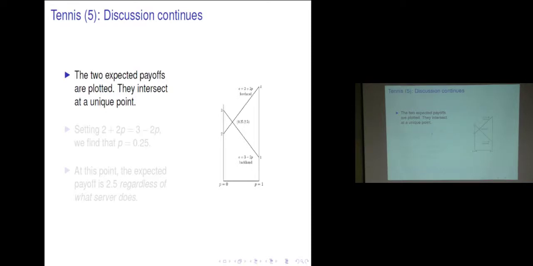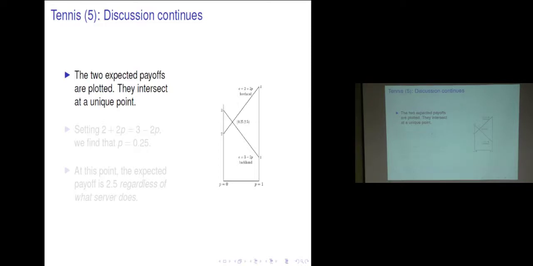This axis, from 0 to 1, indicates the probability, because the receiver chooses strategy 1 with probability P, so P can vary from 0 to 1. And then the expected payoff.